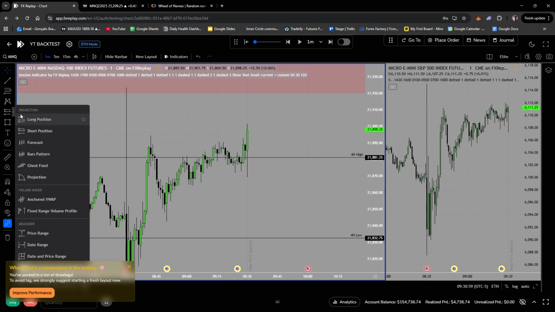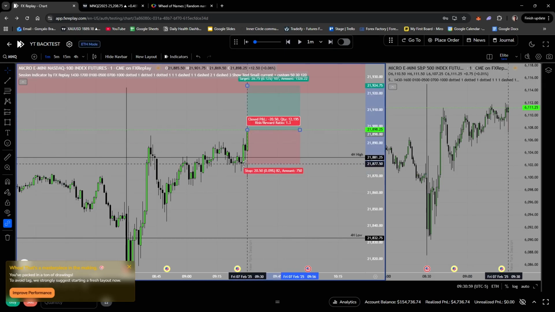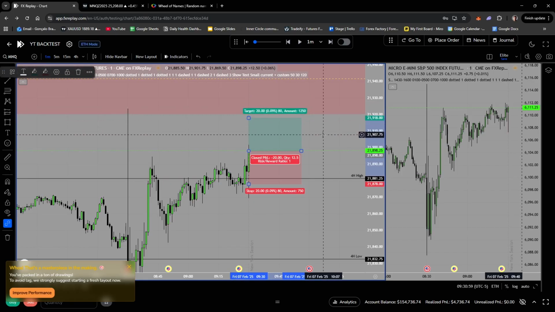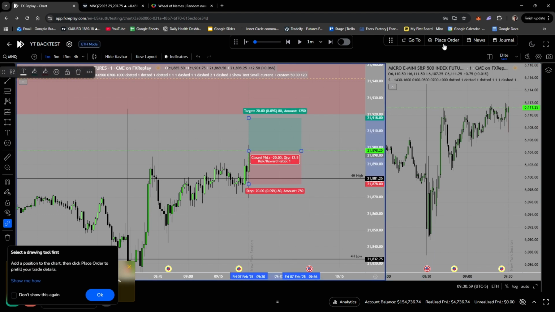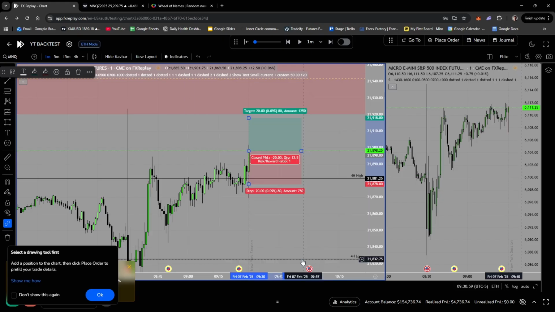Okay, exactly like that. CISD on open. Long. I understand we have data highs, but we're just going to target there.